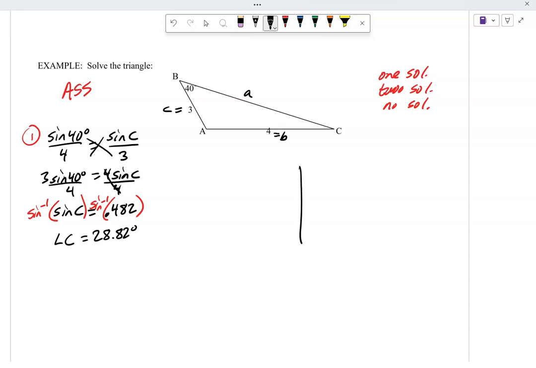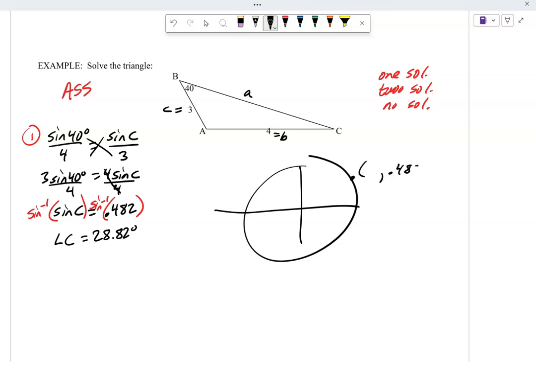And remember, if the sine of c equals 0.482, there's two spots where that could happen, right? Alpha or beta, right? And so here's the alpha option, 28.82. The arc sine is only going to spit that one out.